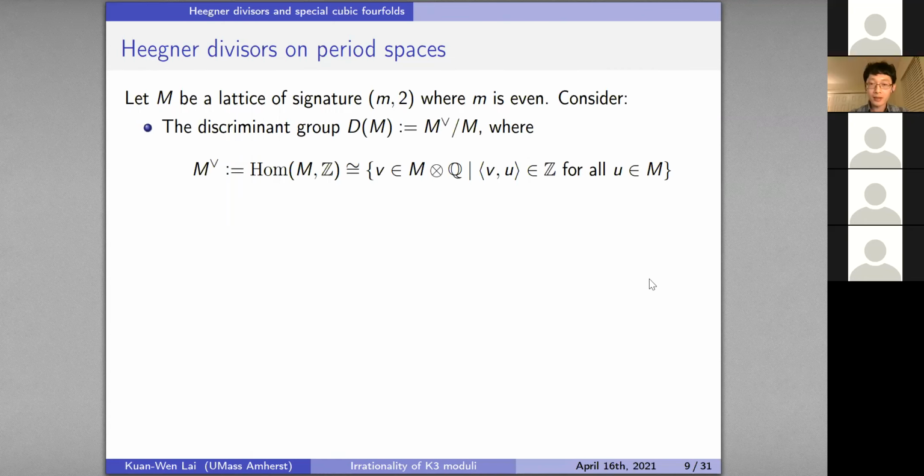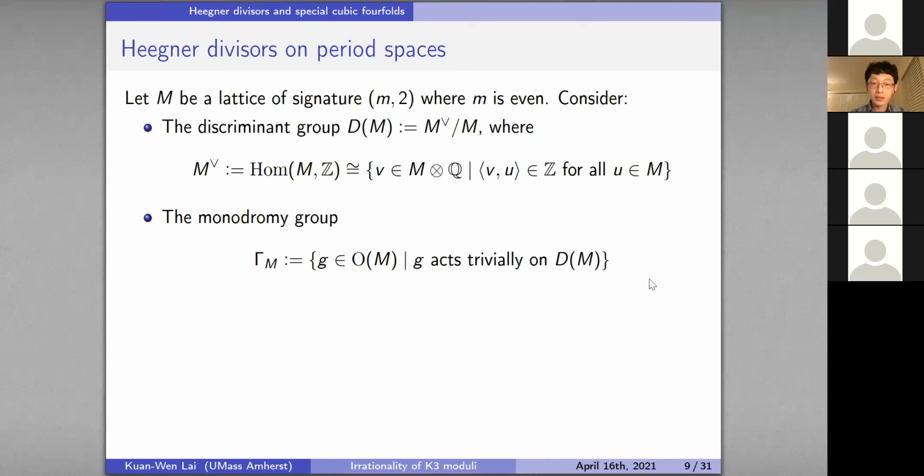In the following, we'll also consider the discriminant group, which we denote by D(M), the quotient of the dual lattice by M. For the dual lattice, you can consider it as the vectors in the lattice tensored with Q whose pairing with every element of the original lattice is an integer.